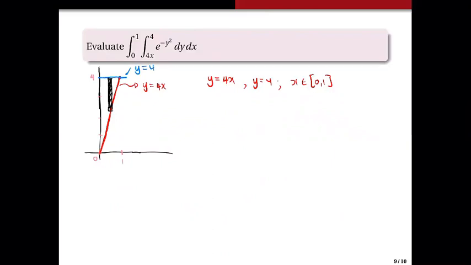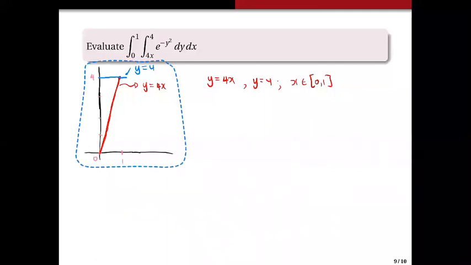And this vertical strip will move along the x-axis from 0 to 1. Let me copy this first before I continue with the drawing.